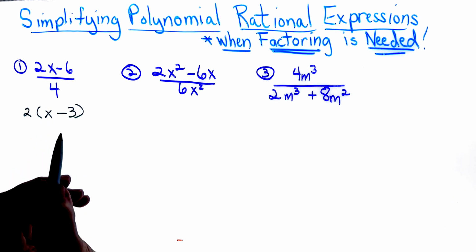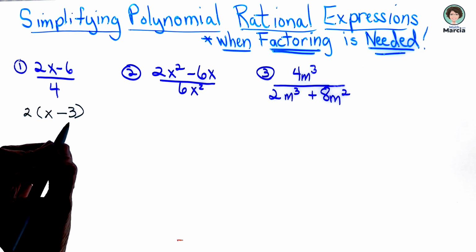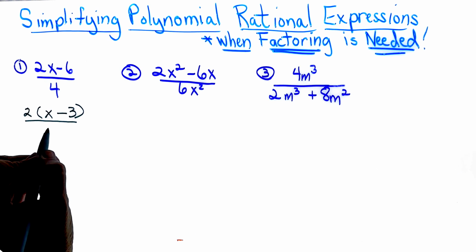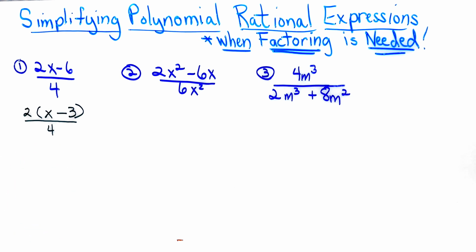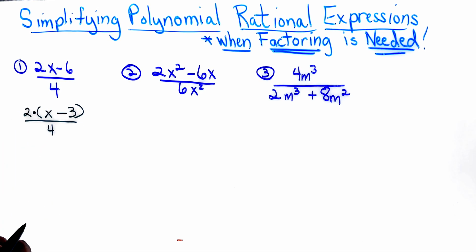Here we have a 3. My bottom one is a 4. Can't simplify that. So now remember, when we have 2 times the quantity, it's a times sign here.